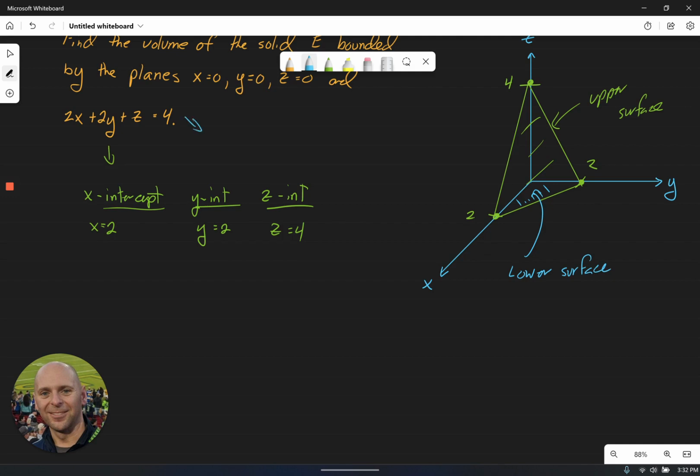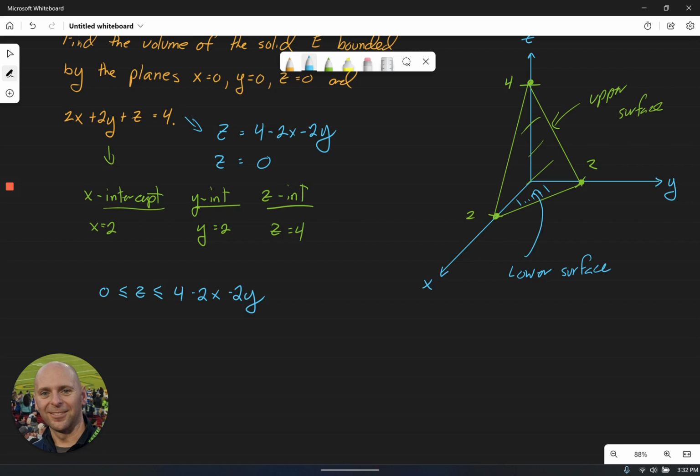And in fact, we can even solve out our plane here for z to help us out a little bit in a minute. So 4 minus 2x minus 2y. And of course, the coordinate plane xy is just where, again, z is equal to 0. So now we've already got our range of values for z. Z is bounded between 0 and the plane 4 minus 2x minus 2y. Okay, so we've got that. So that's our surface to surface.